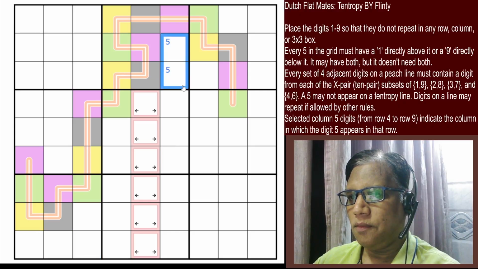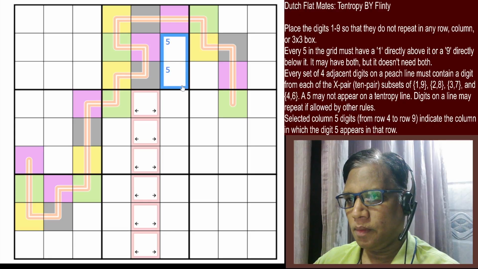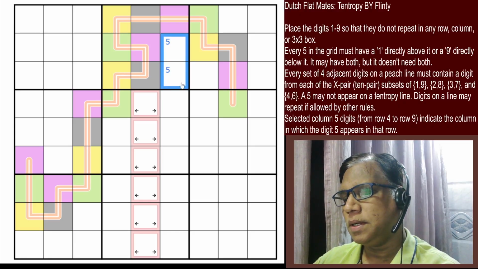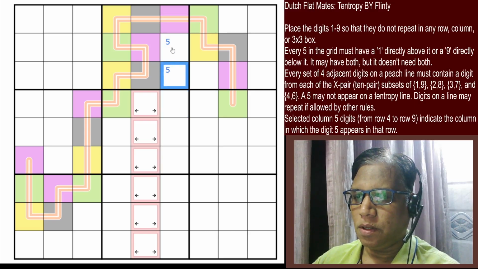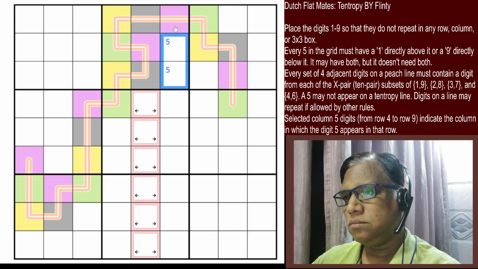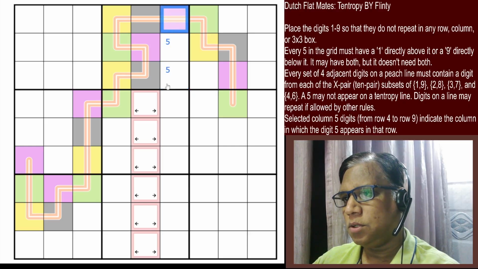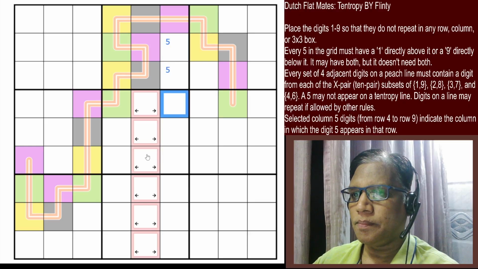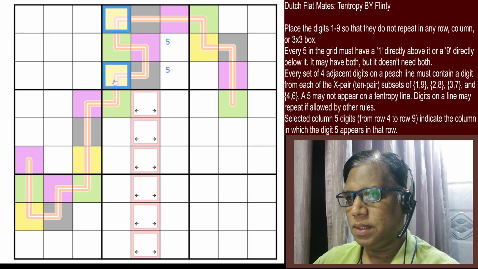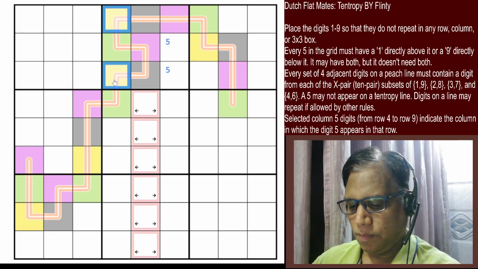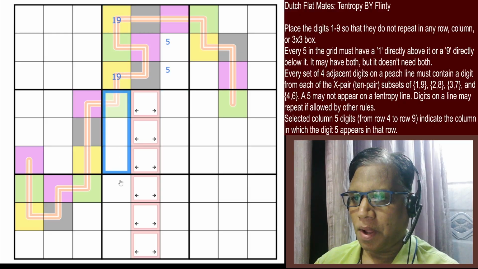Now that is 5. Dutch flatmates simply means if there is 5, you could have 1 on the top or 9 on the bottom. Clearly we can see that the yellow group is not the 1 9 group. Because imagine this is the 1 9 group, now you must have 5 somewhere in this column.